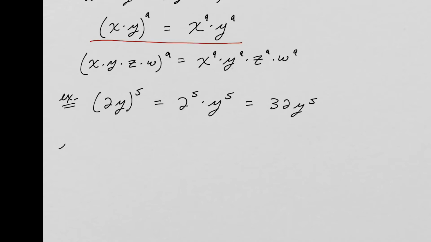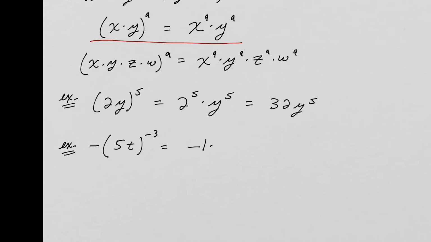Let's see, if I had, say, negative 5t to the negative 3. Well, here's one way we could handle this. We could say, okay, the negative just stays out front, right? We can't touch that yet. You can think of it as negative 1 if you want.